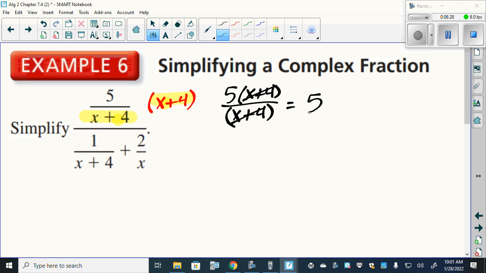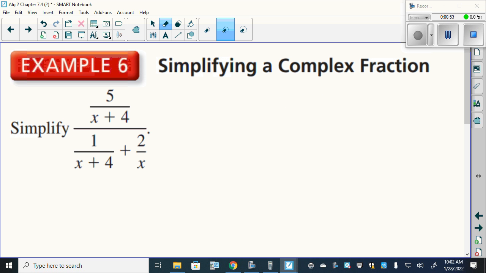What about, if I did the same thing with this one down here? It'd just be 1. Okay, well, that works well with those two. But what would I need to do for the 2 over x to get rid of its denominator? So I need to multiply it by x, yes? But that's, I'm going to put it back. Hold on a second.